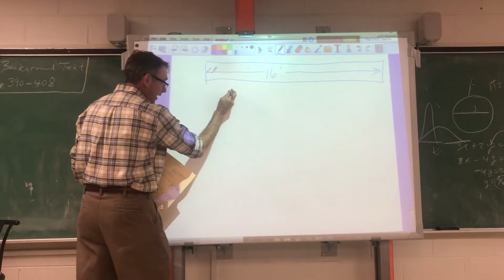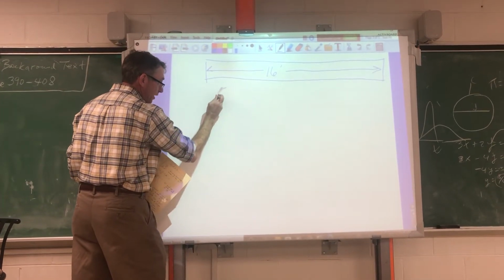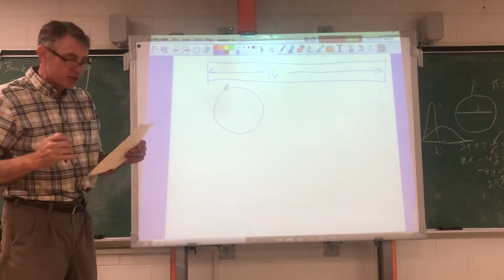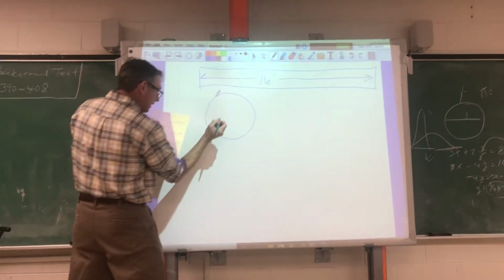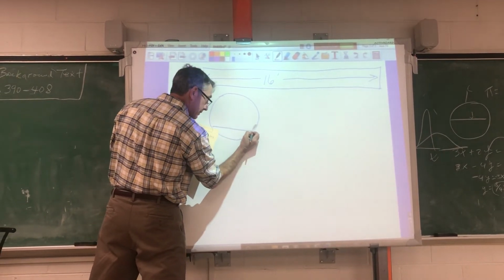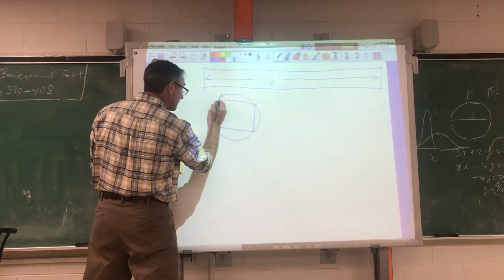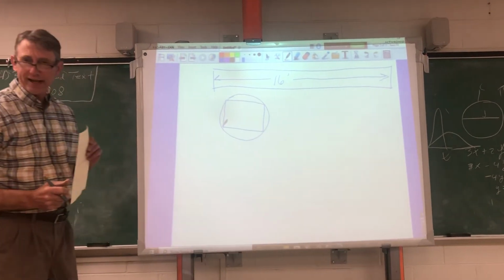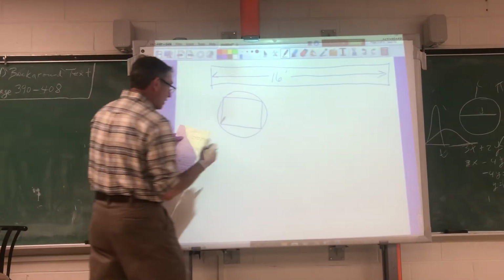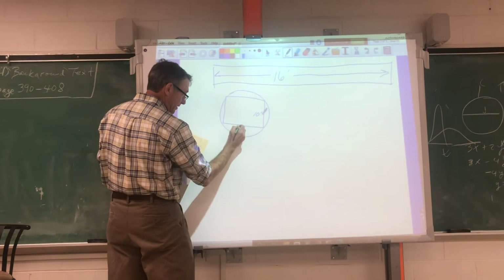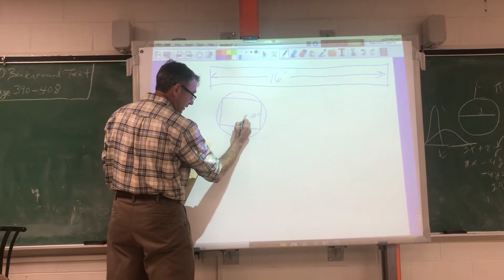And now let's look at a cross section of that log. It'll be roughly round, but let's say this one's a little misshapen. And the kind of square I can draw in that thing, let's say it looks like this, like this, like this. And everything on the outside, that would be slab wood. That's not board wood. And so let's say this dimension is 10 inches, and that dimension is 12 inches.